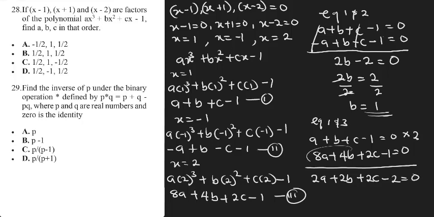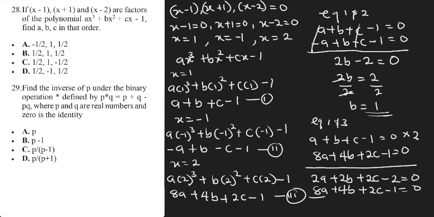Then bring our normal equation here; this is not going to affect it. We have 8a + 4b + 2c - 1 = 0.